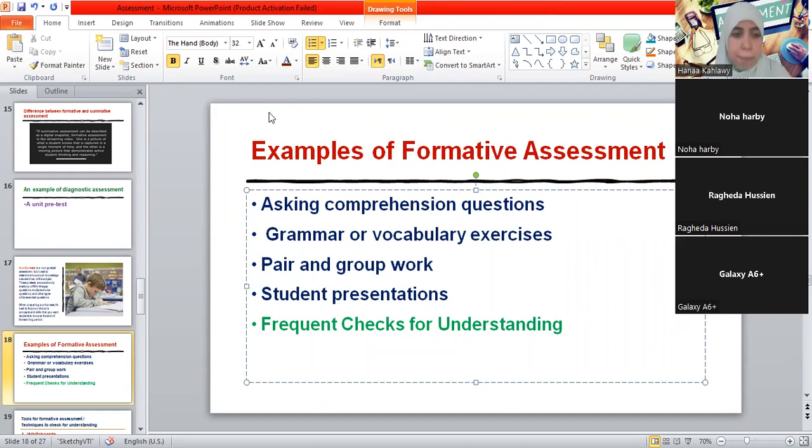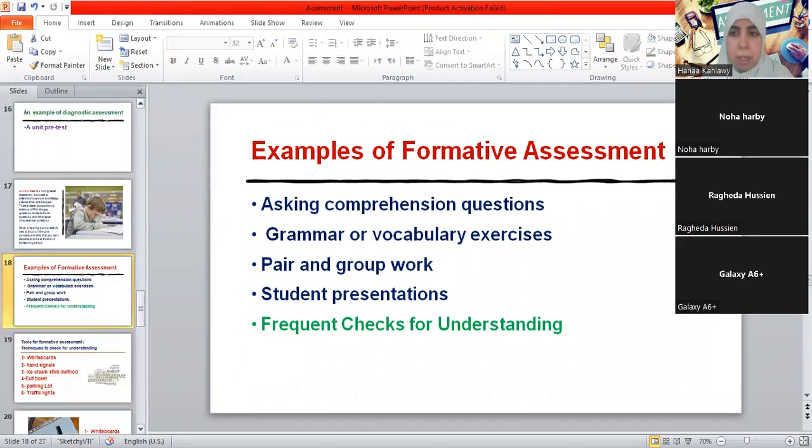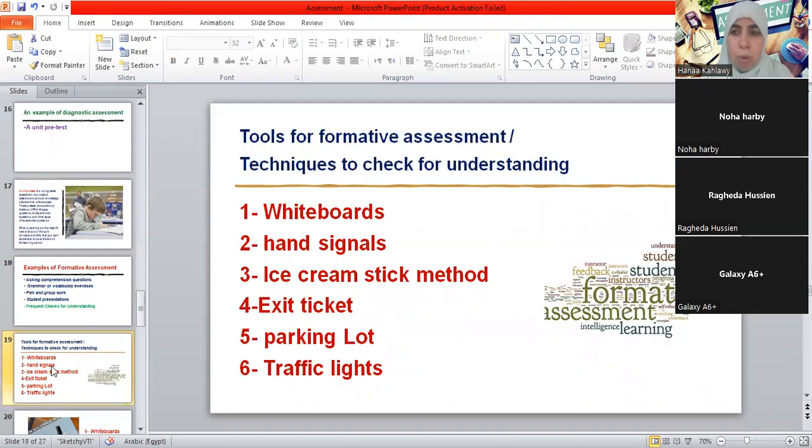Exactly. Okay. Here I have some ideas about tools of checking understanding of formative assessment. Let's check them. And I think you have already used some of them. Here are tools for formative assessment or techniques to check for understanding: whiteboards, hand signals, ice cream stick method, exit ticket, parking lot, and traffic lights.